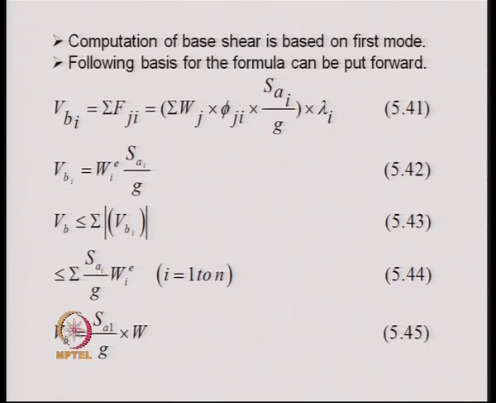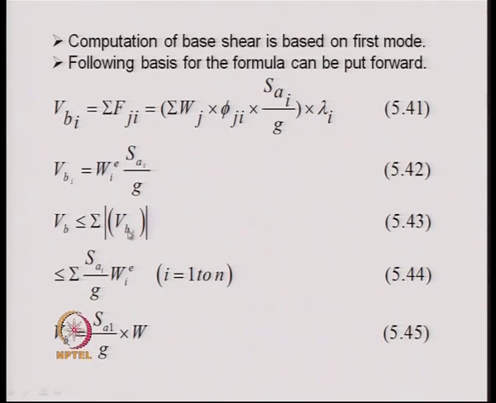So, if V_b is the actual base shear, then that actual base shear will be less than this value, that is the ABSSUM combination of the base shears.